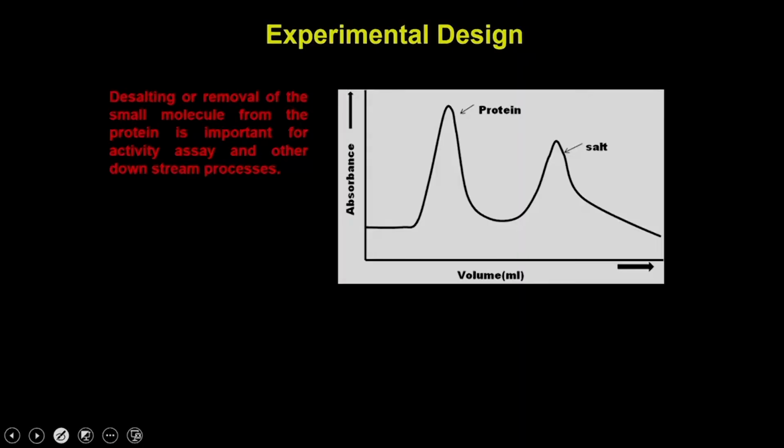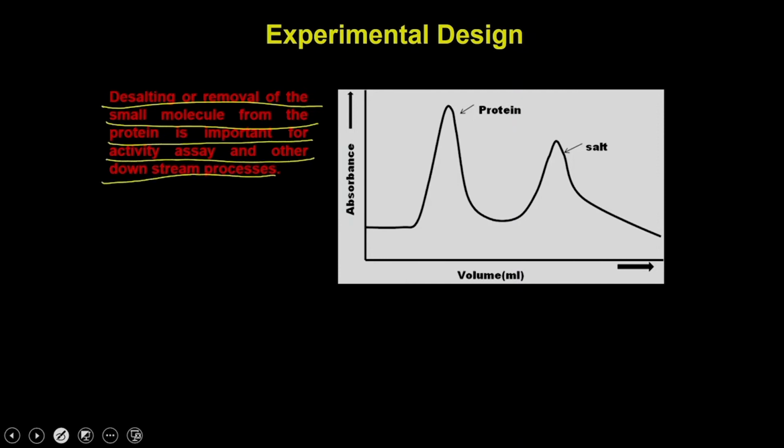So, what you have to do is a desalting, or the removal of the small molecule from the protein, which is important for activity assays and other downstream processing. You load this protein, which is in a complex with the ammonium sulphate, and if you run it on a gel filtration, the protein is going to run separately and the salt is going to run separately.